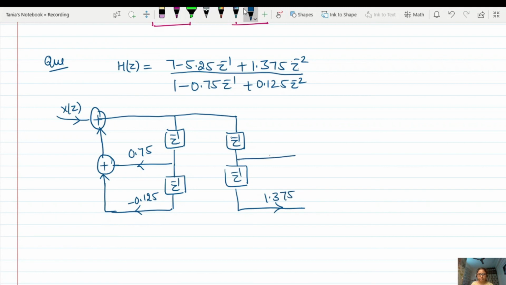The coefficient over here is minus 5.25, and over here the coefficient is 7. The adder over here, and this is the y of z. This is the direct form 2 realization of our system. This is just the opposite of our direct form 1. This is the whole idea about the direct form realization of our IIR system.